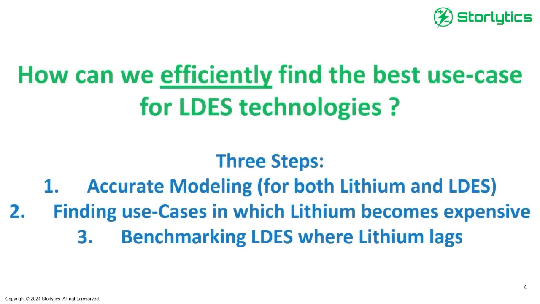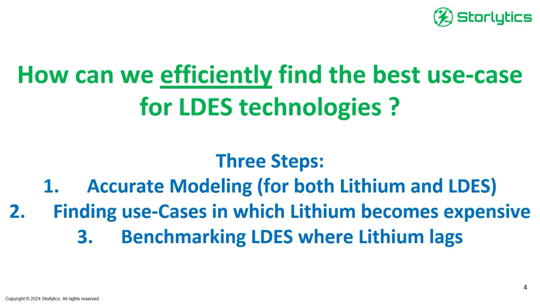So the first step is accurate modeling. We need to accurately model all the technologies we consider for our projects, including new long-duration energy storage technologies. And then finding use cases in which lithium becomes expensive. Now, this is all from the perspective of trying to find good use cases for new long-duration technologies.